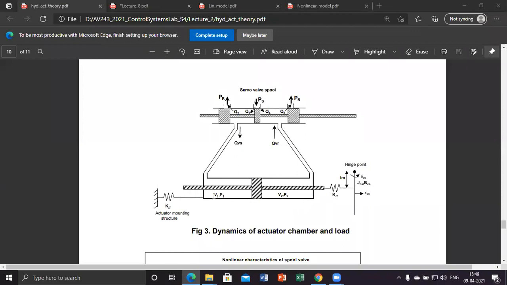That is done by a position sensor like an LVDT or potentiometer. Any position sensor should have two parts. One is the reference end and another is the moving end. So the reference end of the LVDT is connected to the actuator cylinder and the moving end is connected to the piston, so that it will measure the differential motion.